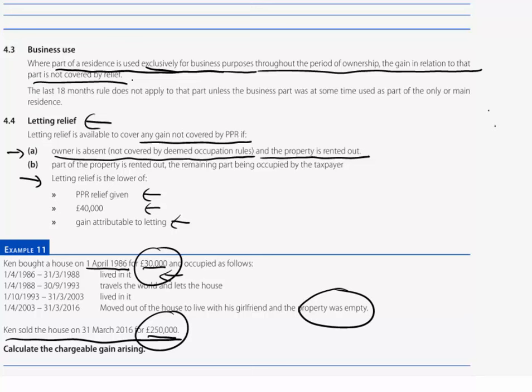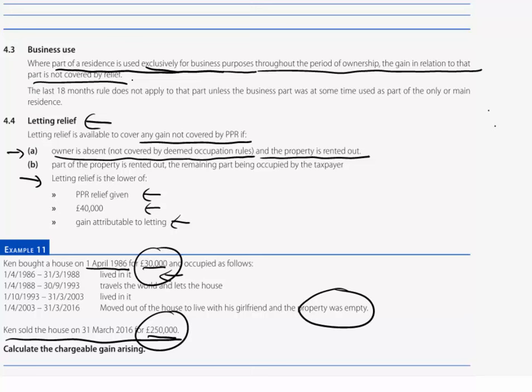Now of course would that be a problem? Well, not necessarily. If you only had a 10,000 gain in the tax year it was the only gain, that's covered by your AEA anyway, so you still wouldn't have a problem. But we are going to restrict here that PPR relief, and there would be chargeability to the extent that a part of the residence has been used exclusively for business purposes.